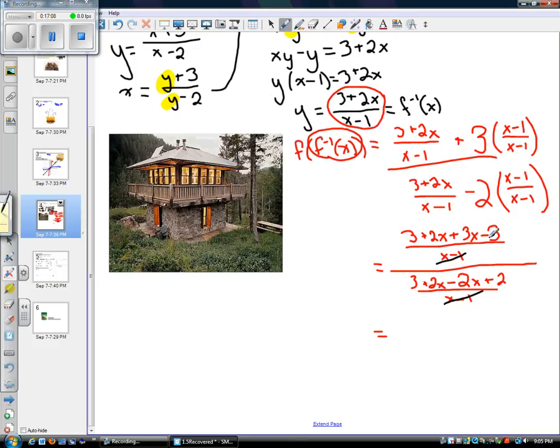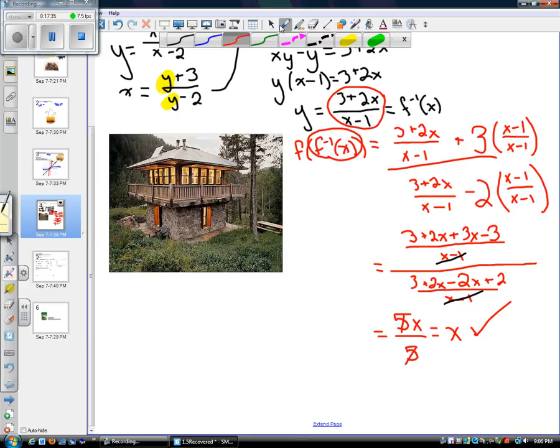So I get 3 minus 3 is 0, 2x plus 3x is 5x. In the denominator, I have 2x minus 2x, which is 0, and then 3 plus 2, which is 5. Cancel, cancel, equals x. Check. Wonderful. Very good. Okay. So now I just need to do the exact same thing, only the other way around.